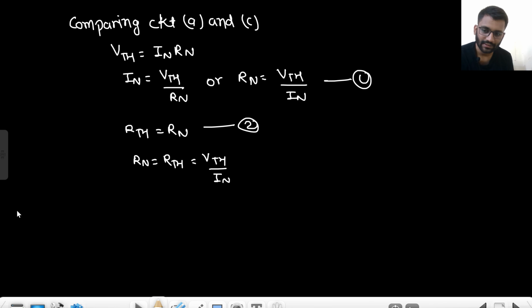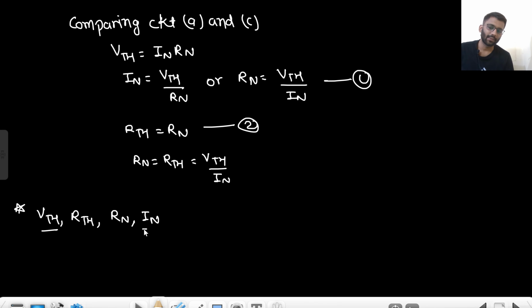There are four parameters: VTH, RTH, RN and IN. You need to find any two, VTH or IN, and you will get RTH and RN. Actually, RTH is equal to RN only. So I will write RTH equals RN, and then you have IN.